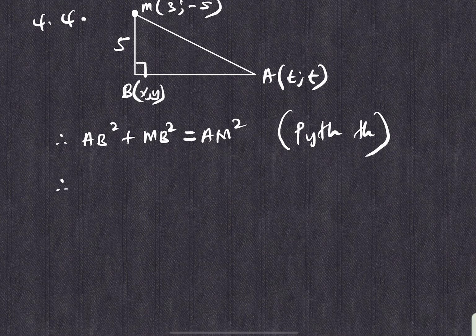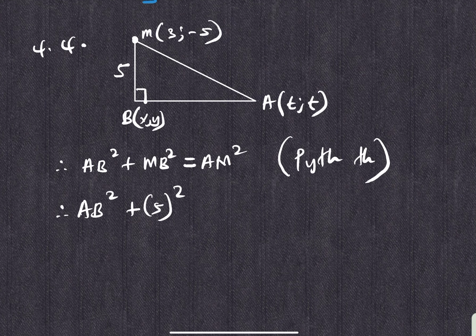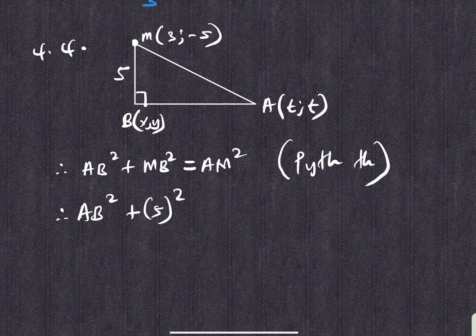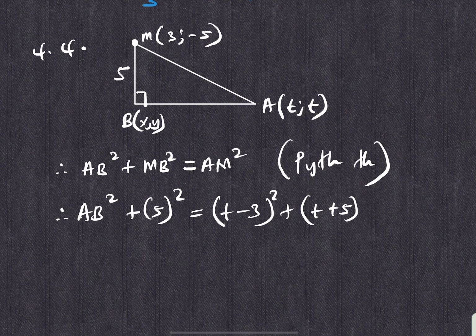Now let's substitute. AB is what you're looking for, so you're going to have AB squared plus MB, which is 5 units there. This is equal to AM. What is AM? That distance is going to be t minus 3, you square that, plus t minus negative 5, so it's plus 5, all squared.